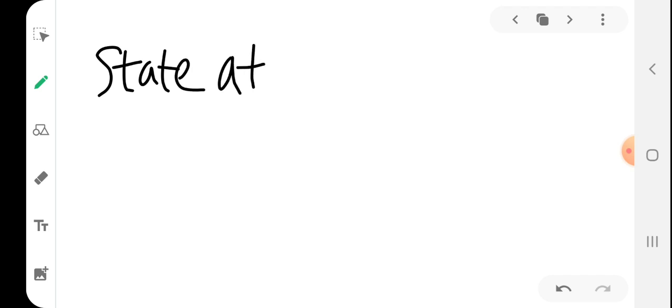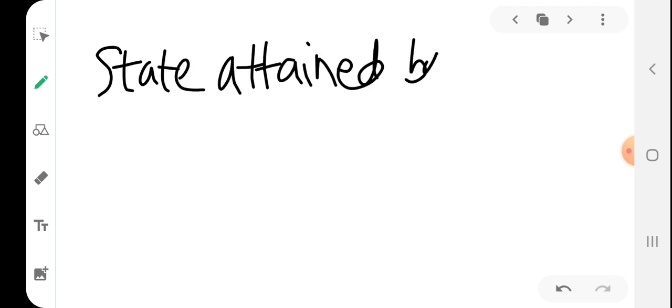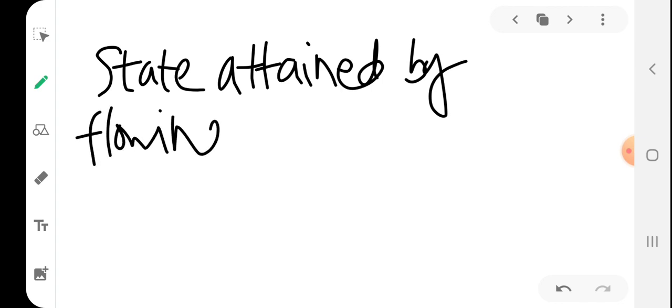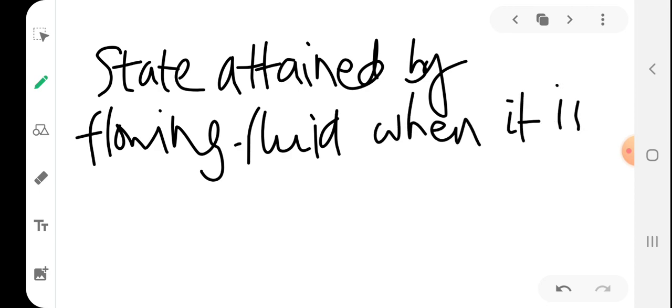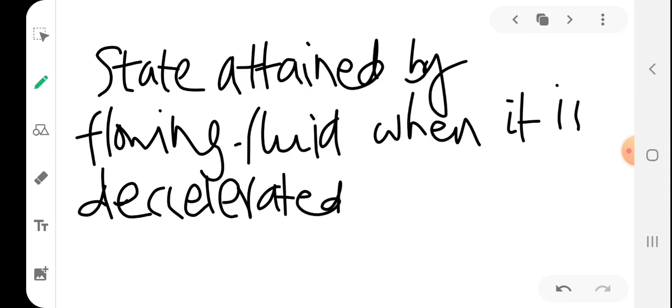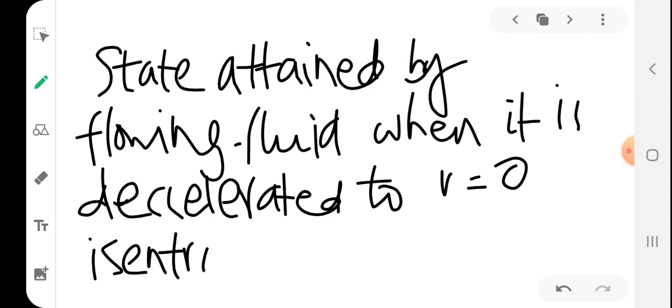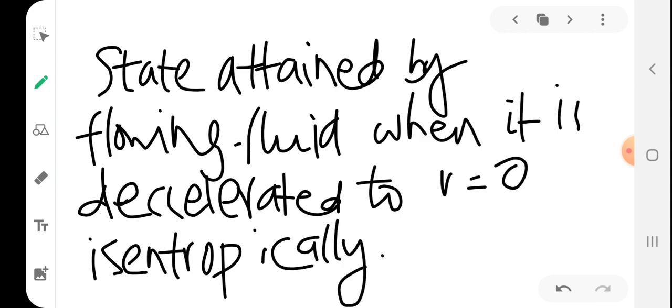I will write: state attained by flowing fluid when it is decelerated to zero velocity, V equal to 0, isentropically, meaning delta s equal to 0. So this is the definition for stagnation state.